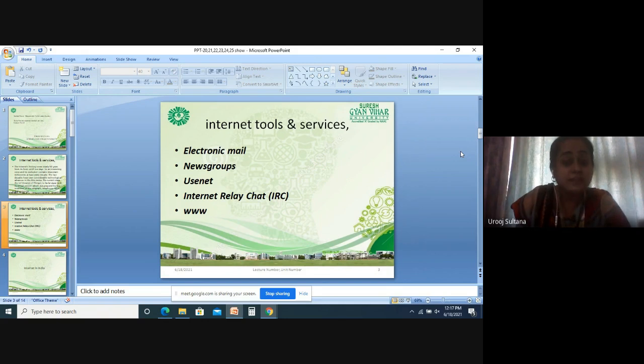SMTP was first published in internet standards in, I think, 1982. In the process of transporting email messages between systems, SMTP communicates delivery parameters using a message envelope, which is separated from the message header and body itself.